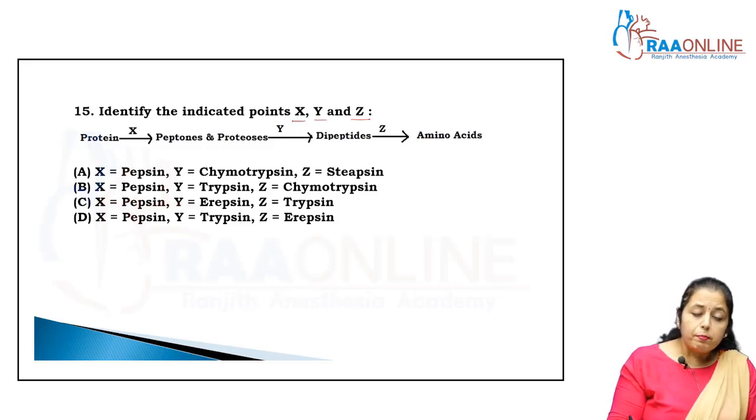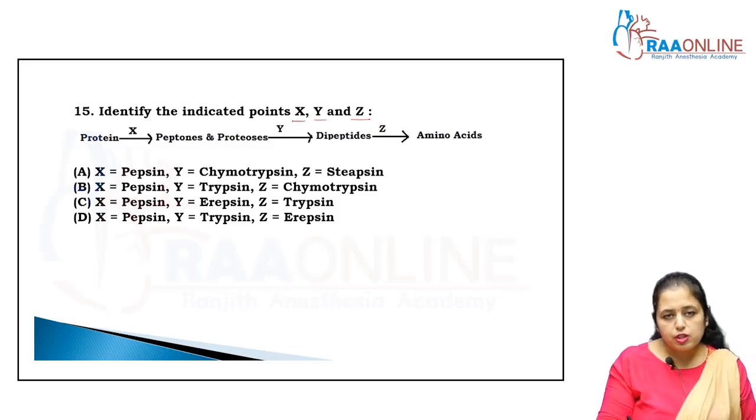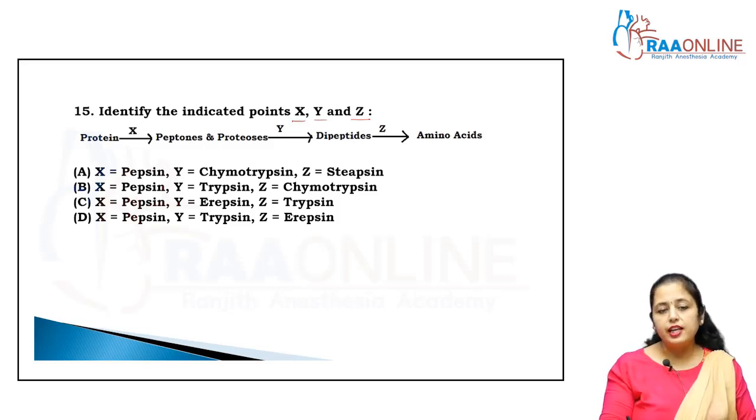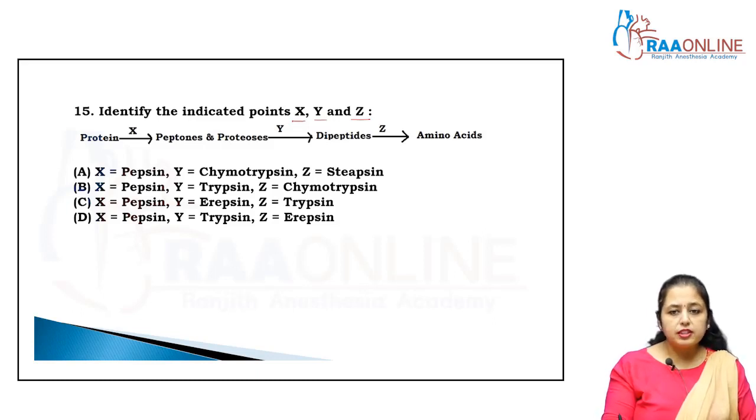Then in pancreatic juice, trypsinogen and chymotrypsinogen both act as proteolytic enzymes, but after that the amino acid digestion is the function of erepsin. When dipeptides are converted into amino acids, that is the function of erepsin, which is present in the succus entericus.